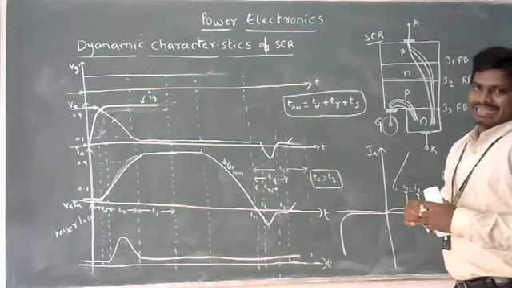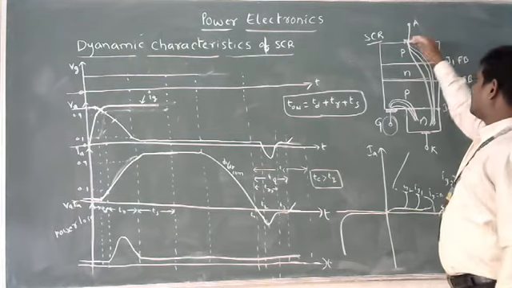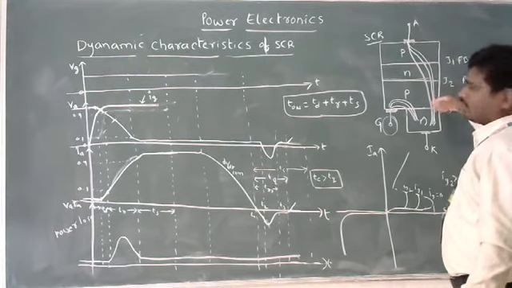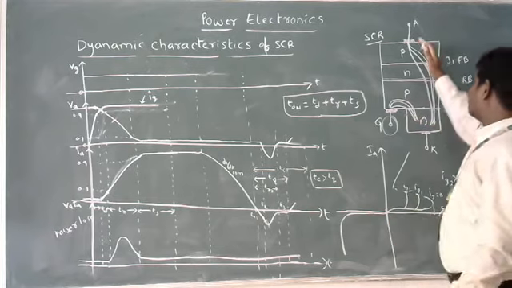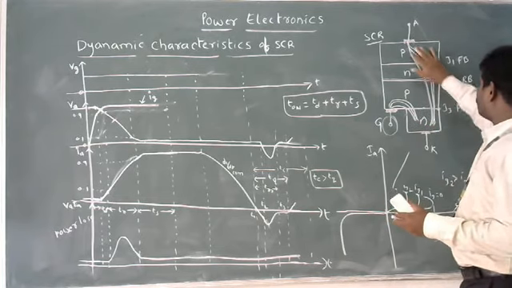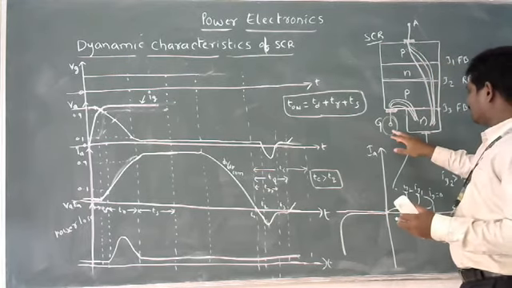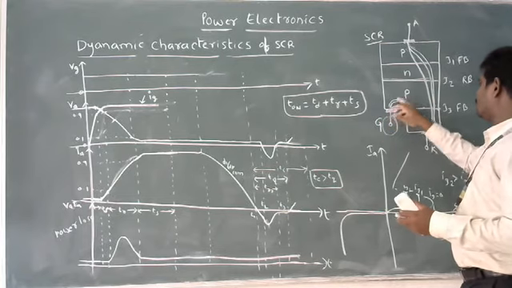As I said, initially when you apply the voltage across anode and cathode, some leakage current flows through the device like this. See this? The portion that I am drawing here is the portion where the leakage current is flowing. At the same time, gate current is also flowing like this.